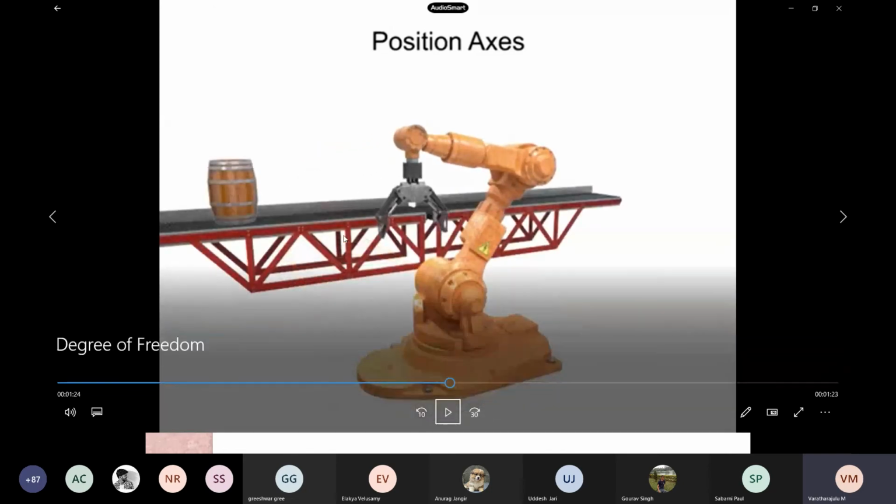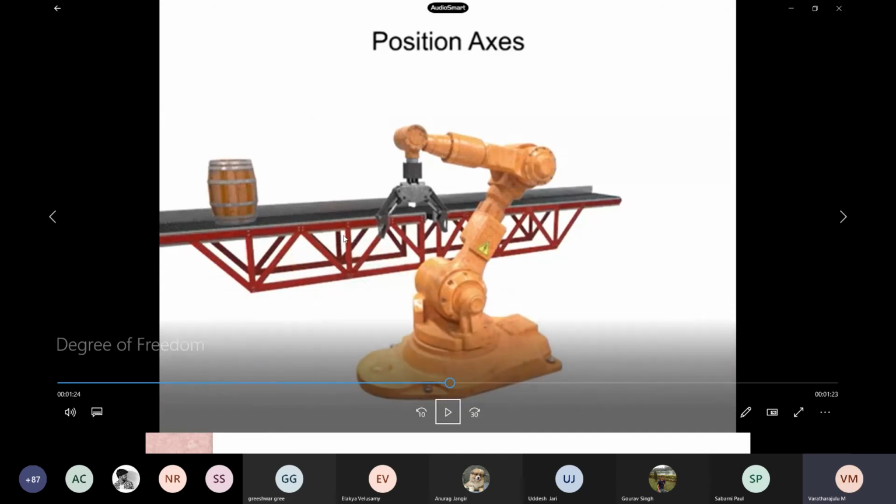Therefore, when the robot arm moves along one rail or one track, that has to be considered 1 degree of freedom. That to-and-fro motion we need to account as only 1 degree of freedom. We should not count "to" as 1 and "fro" as 1; that won't be right.